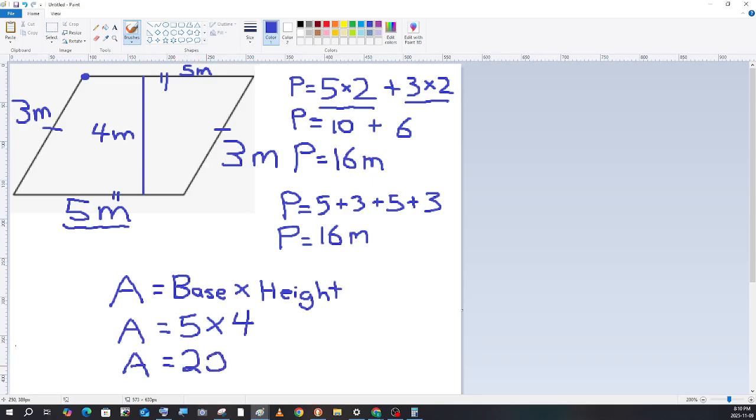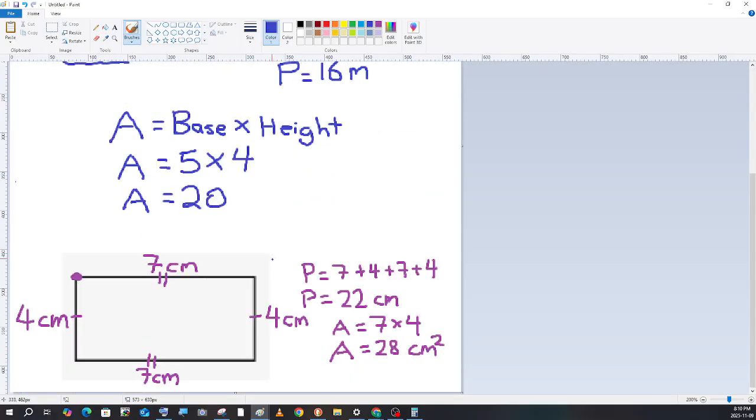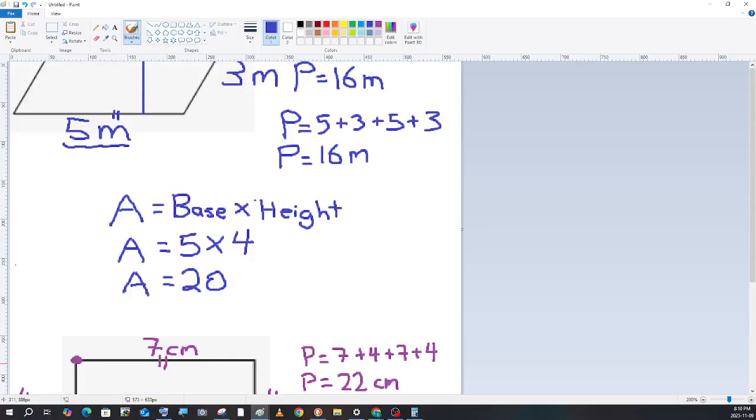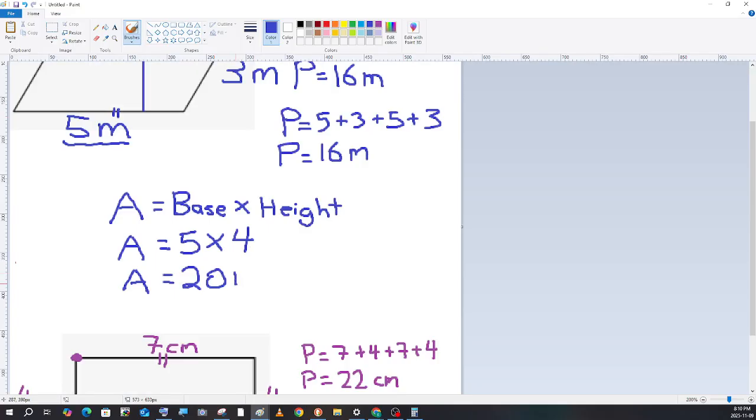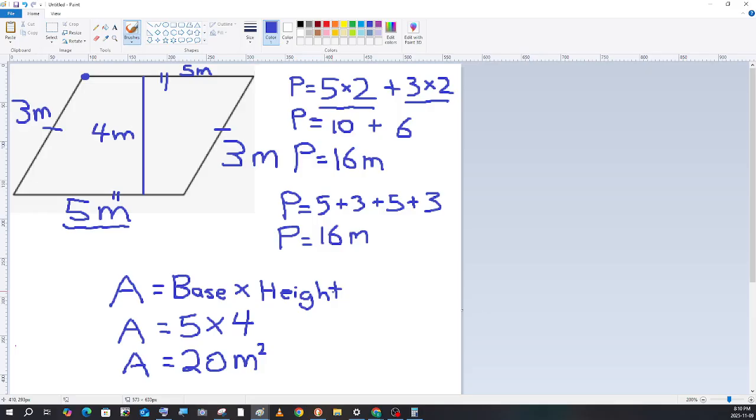And for area, the answer is in square units. So you start with the unit that you began with, in this case meters, put a little tiny 2 just up and to the right like that. That means meters squared, right? Because area is two-dimensional, we have to actually measure it with little squares.